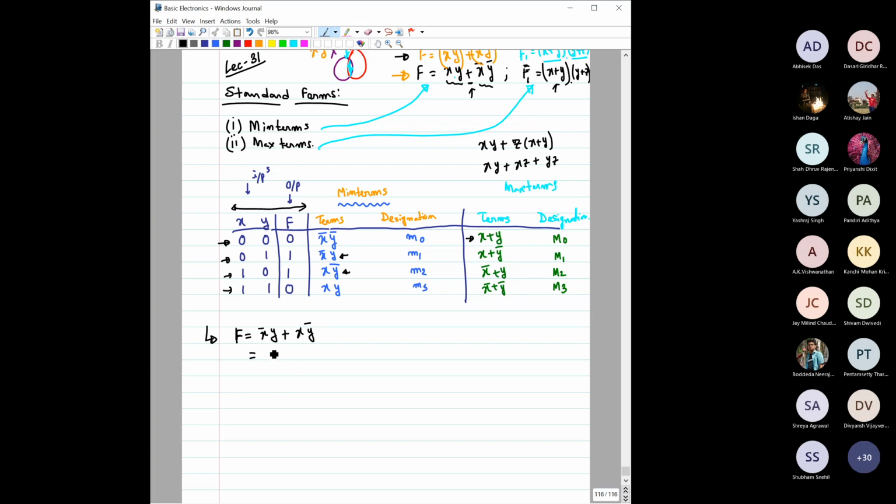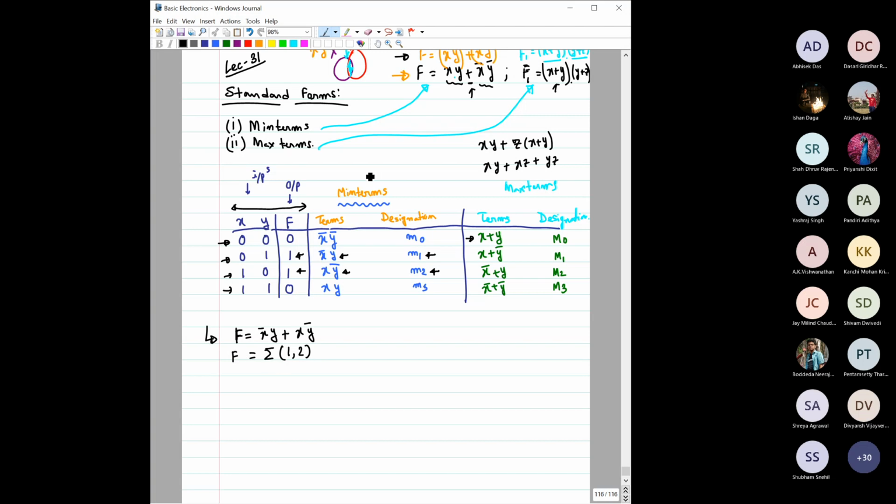This is also written in this form: summation of 1, 2, which means m1, m2, because for these two only the f value is 1.